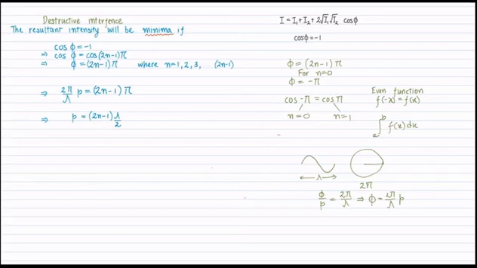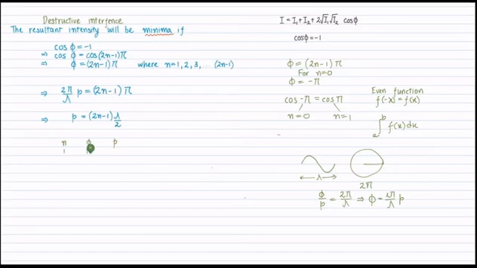So what does this mean? Let us consider n equals 1, the first order. If n equals 1, then my phase difference is twice of n minus 1 pi. Substitute n equals 1: 2 multiplied by 1 is 2, minus 1 is 1, 1 times pi is pi. So this will be simply pi.